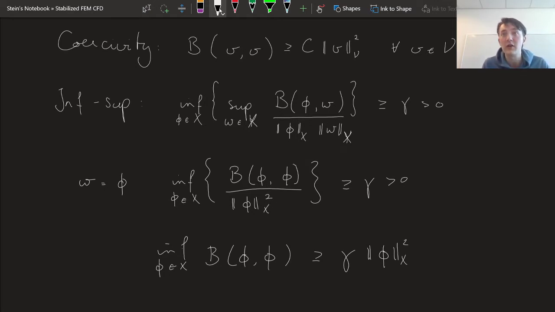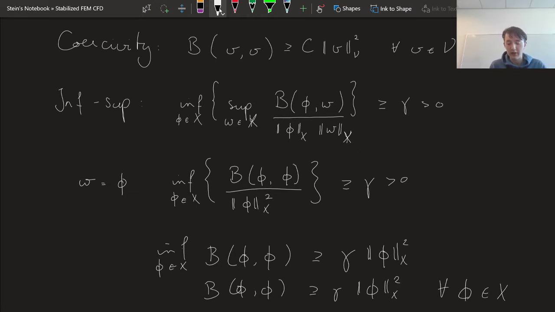The coercivity statement says that that has to be true for all functions v, which is the same thing as saying that for the minimum case that has to be true, right? So this is going to be the same thing as b of phi comma phi being larger than gamma times the norm of phi in x squared for all phi in x. And that's precisely our coercivity statement here.